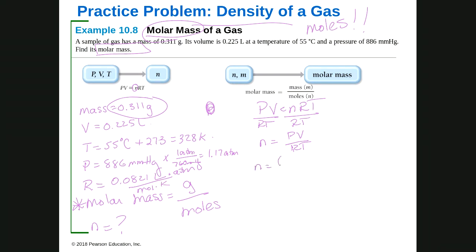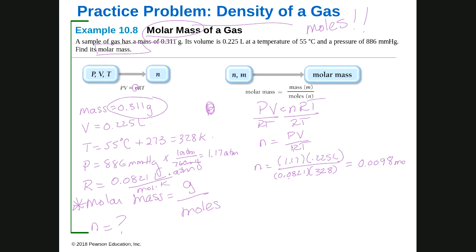n equals 1.17. And I'm not going to write the units. I've already showed you that they'll cancel. 0.0821. Make sure you put that 0 before that number too, because if you don't, you're off a magnitude of 10. And then temperature. That is going to give me 0.0098 moles.